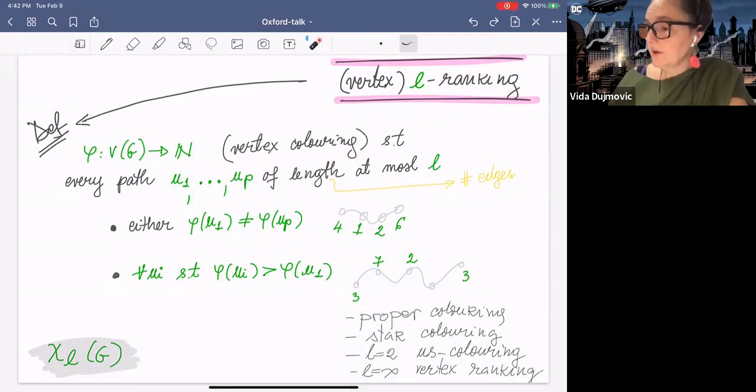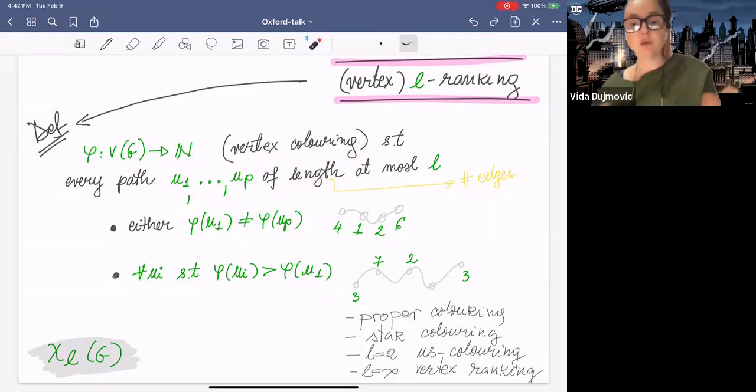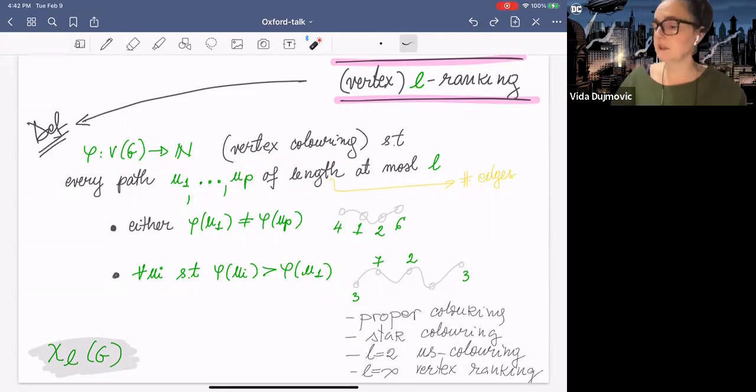For every non-trivial path, so a path of length p, where p is at least 1, and for me, length is the number of edges in the path, okay? So if you have two vertices and one edge in between, that's a path of length 1.